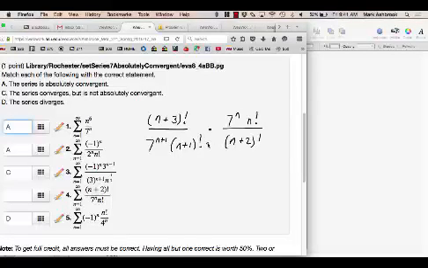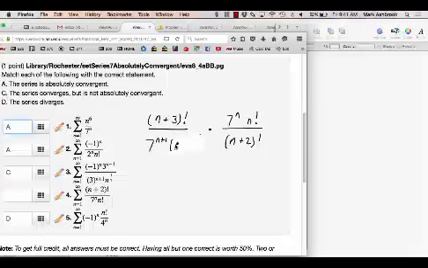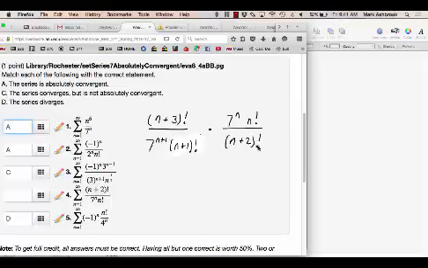Wait, this should not be here. I don't know why I put n plus. I was looking at a different problem. You were looking at the previous one. Okay, so is it just this? No, there is a 2. I'm sorry, that's right. Okay, we're good.